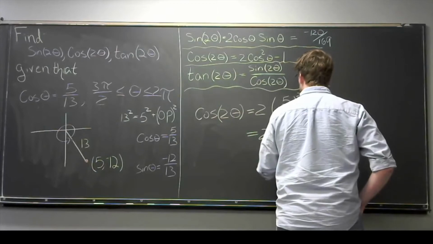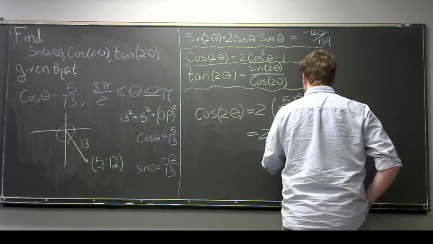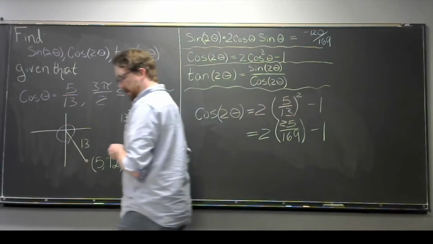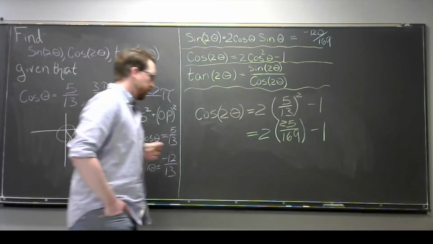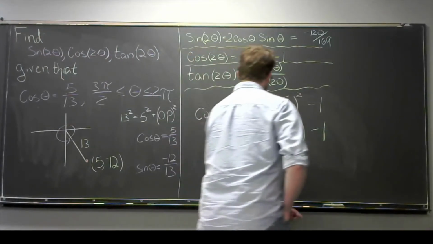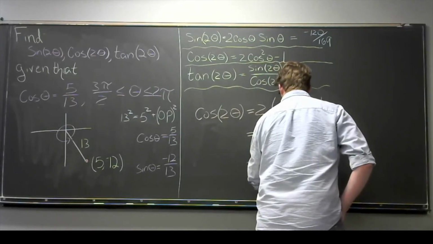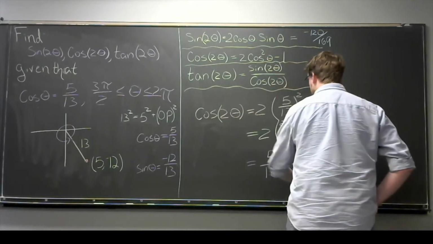So we've got 2 times 5 squared is 25, 13 squared is 169, minus 1. So, multiplying everything by 2, we're going to get 50 over 169 minus 1.